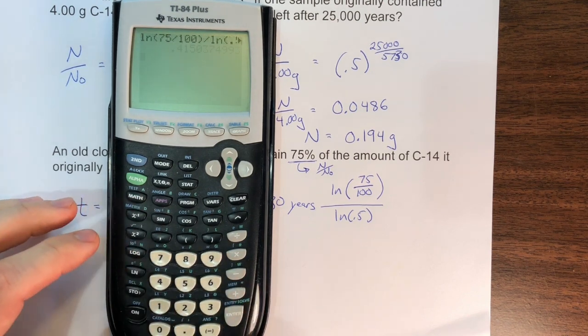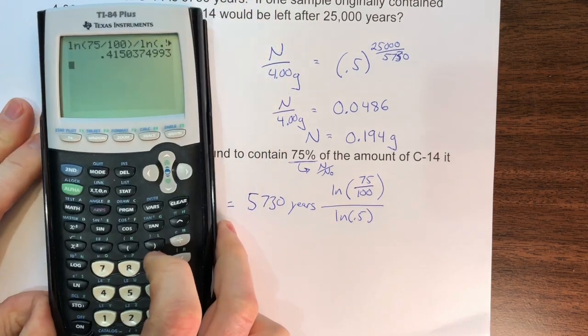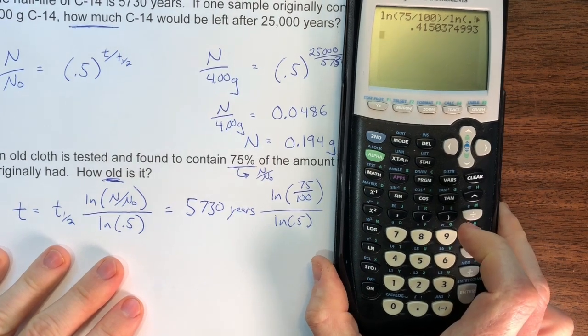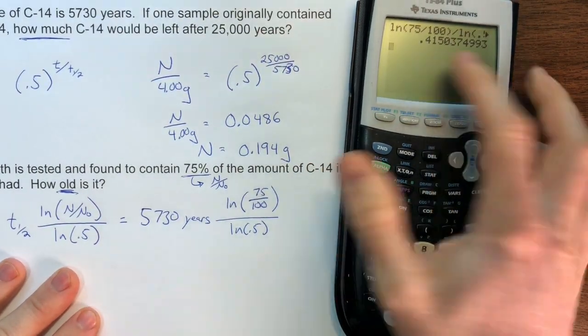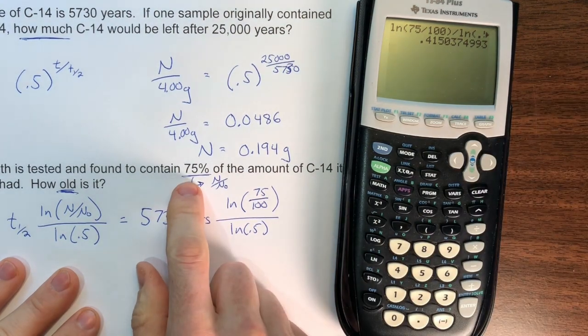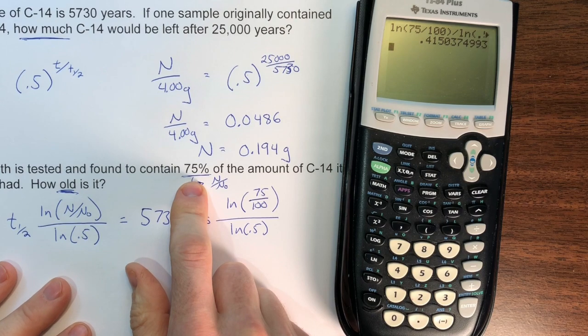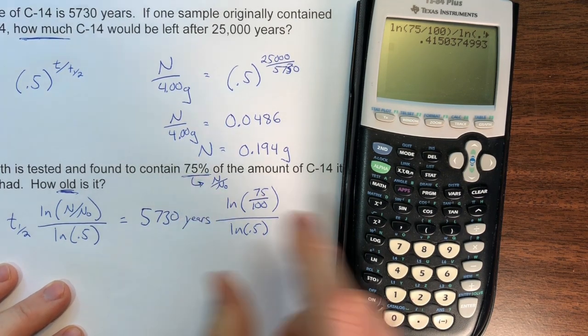And we get out 0.415, and that's essentially telling you how many half-lives have occurred. And so we have less than one half-life. Does that make sense? Well, yeah, we have 75%, so this is more than half of the amount of material. So we're expecting something that's less than one half-life. All right, and that's exactly what we have.